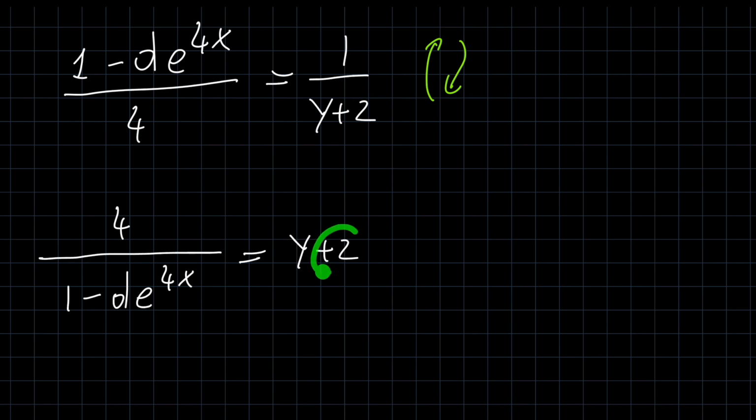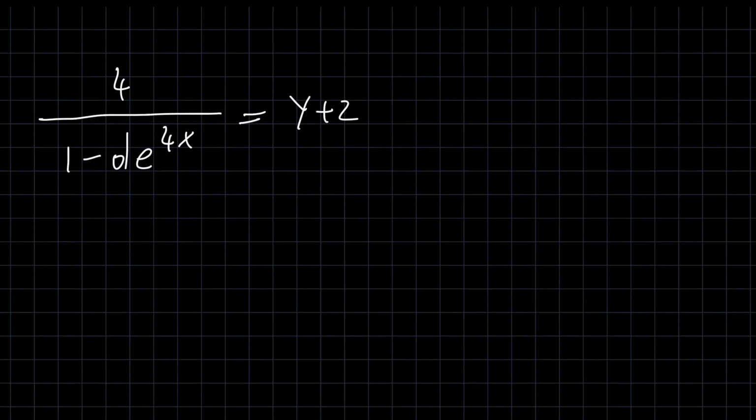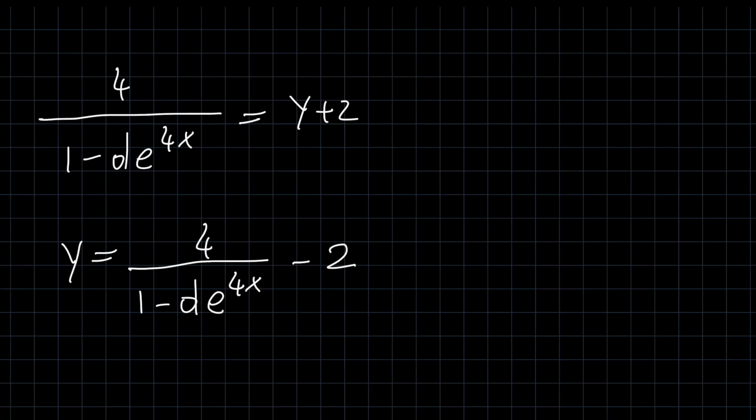And now I just bring this plus 2 to the left hand side, and then I switch the order, getting that y is equal to 4 over 1 minus d e to the 4x minus 2. That's it, guys. So we went through all of it and we found this expression of y in terms of x, so we solved our differential equation.